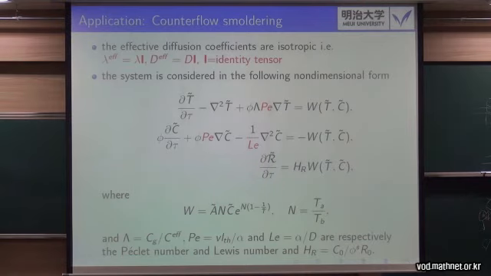So for application, we rescale the system in the following form, suitable for a combustion problem, but we are trying to look at two different types of problems. The first one is for the case where the effective diffusion coefficients are just scalars. So in this case, the system reduces in a non-dimensional form to the following form, where the most interesting parameters in this system are the Lewis number and the Péclet number.